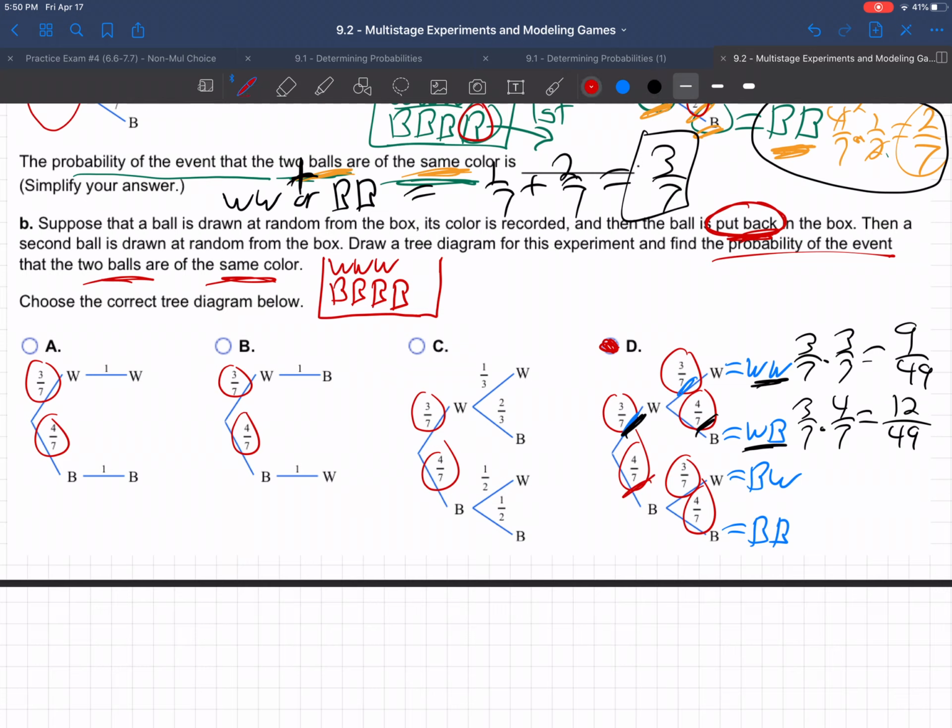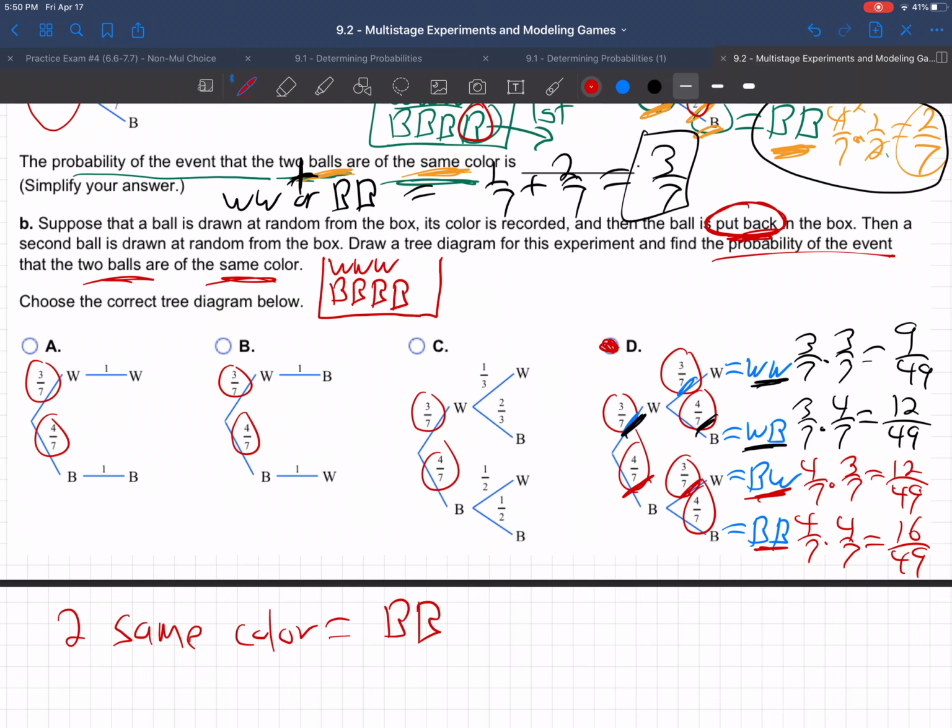Let's keep going. 4/7 times 3/7. 12/49 is the chance of black then white, and 4/7 times 4/7, 16/49 is the chance of black then black. Now what did they want? Two balls of the same color. Two of the same color.